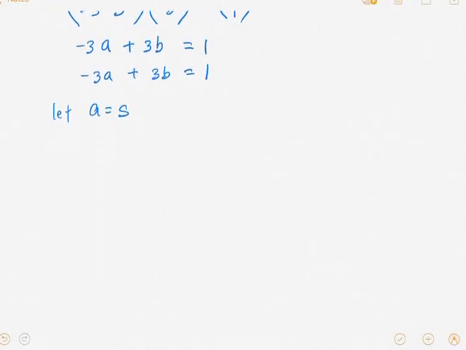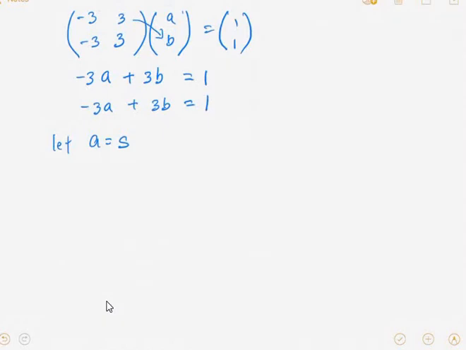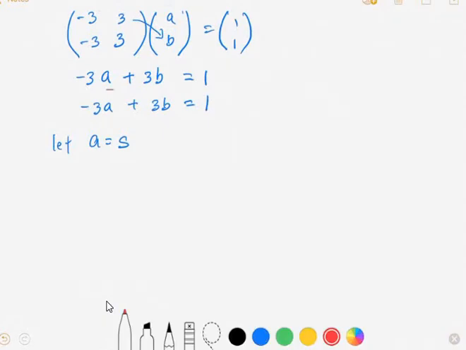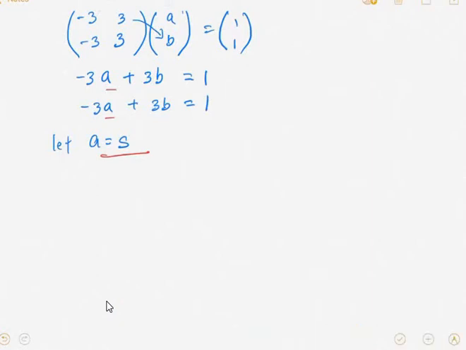So you substitute a with s, and you have negative 3s plus 3b equal to 1. So b equals 1 plus 3s over 3.